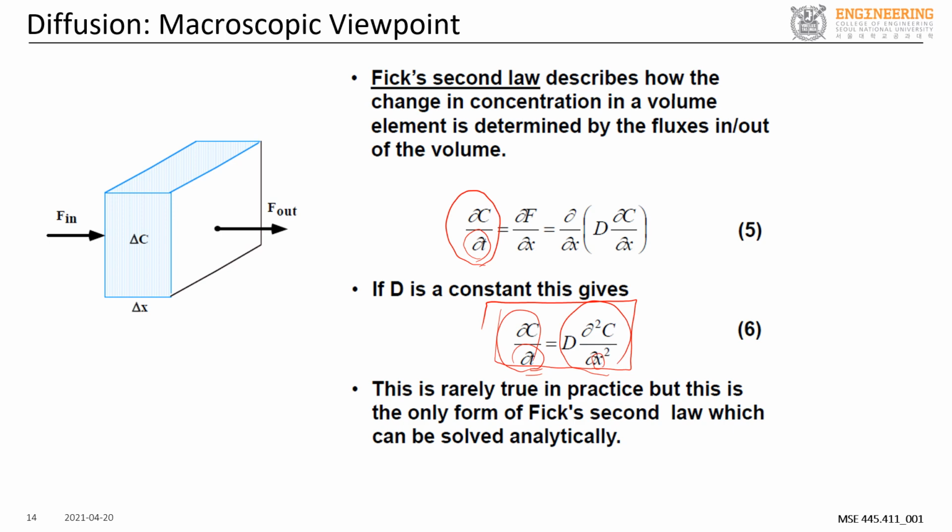So Fick's second law is somewhat more complicated because now you have two variables, t and x. But still, it is simple enough that you can solve it analytically using your mathematical skills with certain boundary conditions.